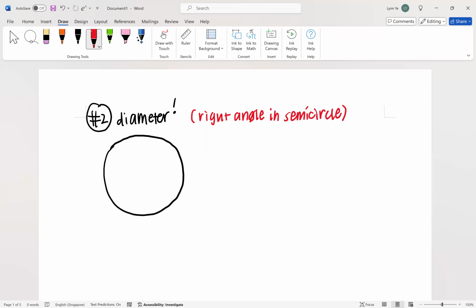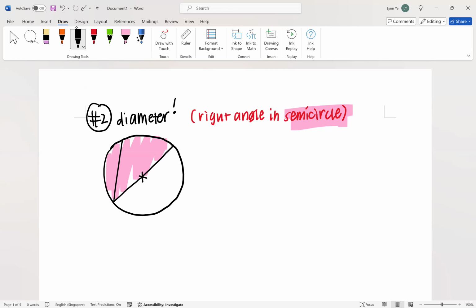So what do I mean by right angle in semicircle? So remember, diameter cuts through the center into 2 equal halves, correct? Your 2 equal halves, this part here is called your what? This is called your semicircle, correct or not? So where does this right angle come in?